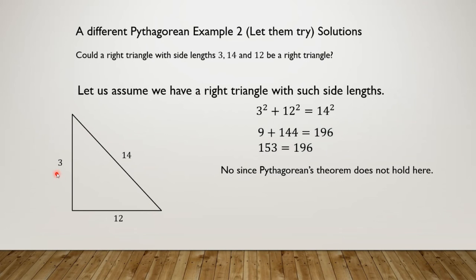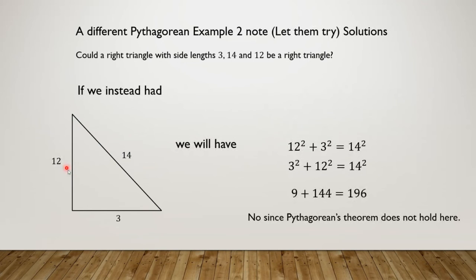And if you decide to interchange the 3 and the 12, you don't have to do this extra step, but if you happen to write the triangle this way, you're going to get the same conclusion.